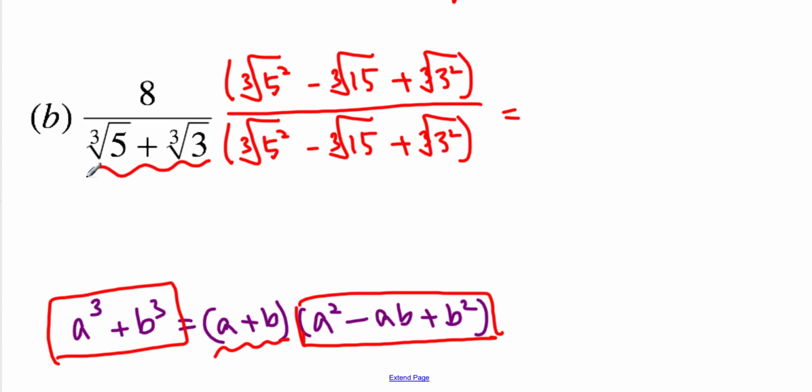Then on the bottom, these two products are multiplied in this way so that we get to cube each one. So we will end up getting 5 plus 3, because the cube of cube root of 5 becomes 5, and the cube of cube root of 3 becomes 3. And then the bottom becomes 8.